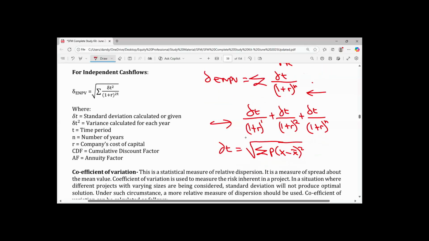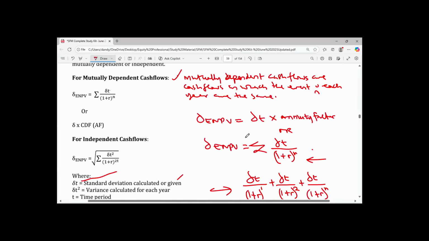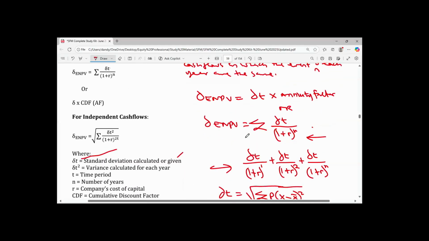Of course, what do you mean by dt? dt is the standard deviation computed. In most cases, it will not be given to you. But if you are given, that means that's your luck. However, you are the one that will compute this standard deviation, using this other formula, the regular formula.